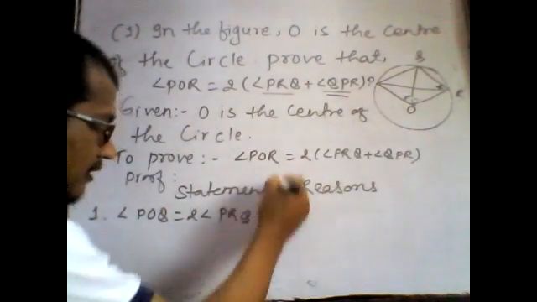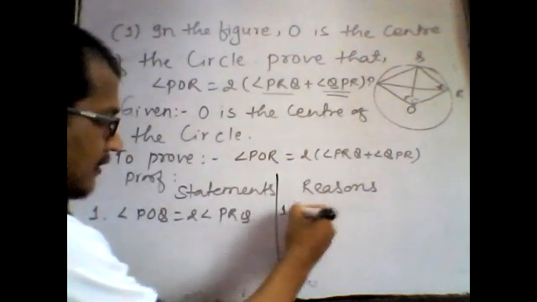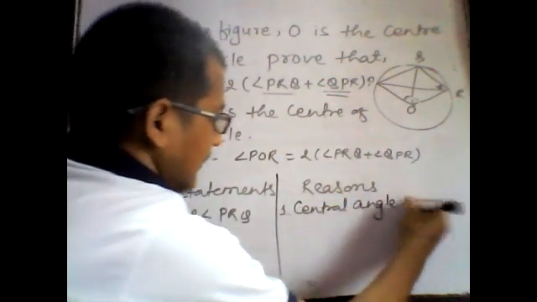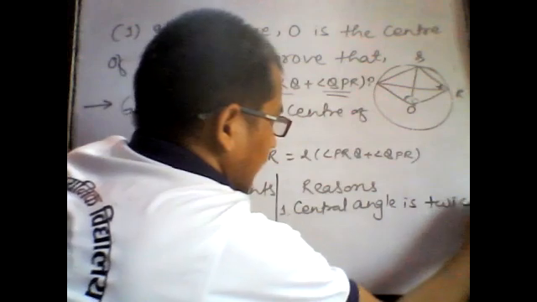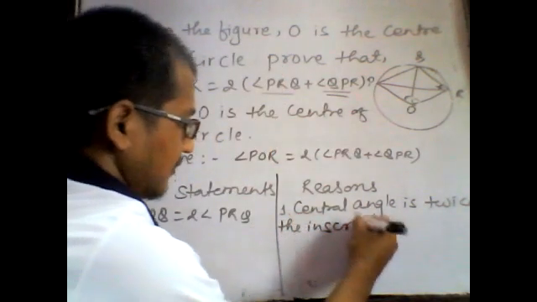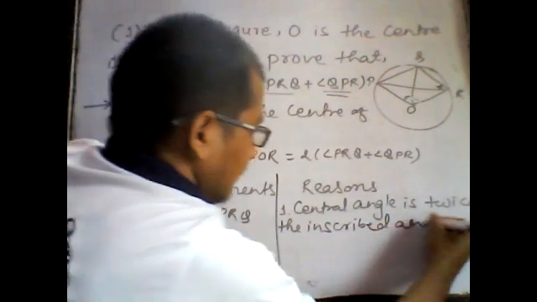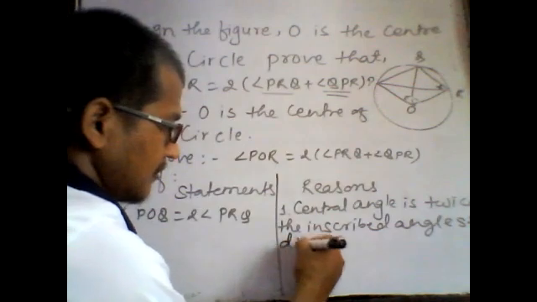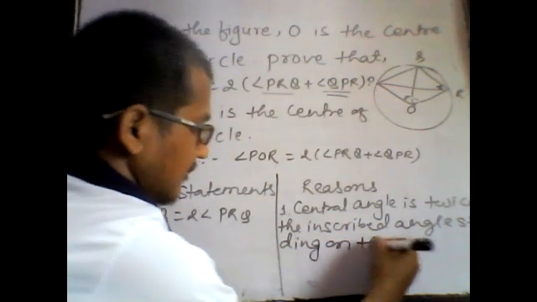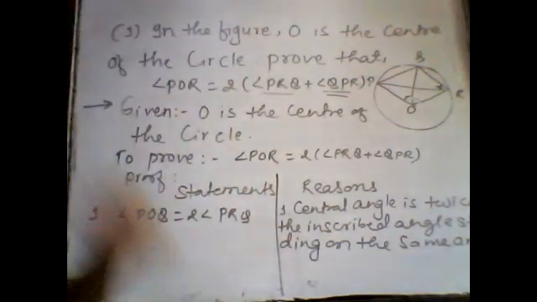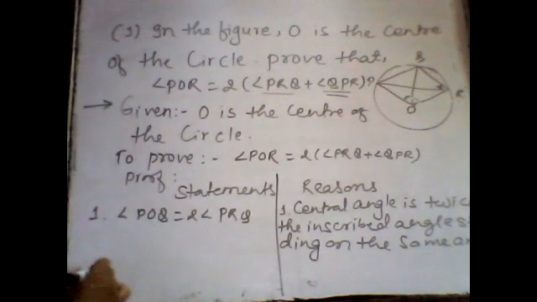That means you can write here: central angle is twice the inscribed angle standing on the same arc. Okay.